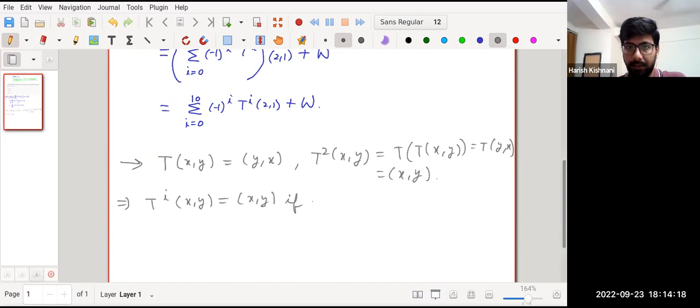So what does this say, that T^i of (x, y) is (x, y) if i is even, and T^i of (x, y) is (y, x) if i is odd, right?